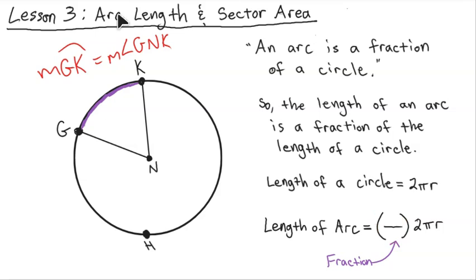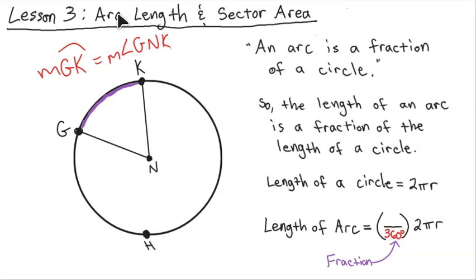Well, we know that an entire circle, a whole circle, is measured in degrees. We know that a whole circle is 360 degrees, so we can put on the bottom here 360 degrees. So the arc itself is a portion of 360 degrees. And we know that the arc is also measured in degrees, that there is a degree measure of this arc right here, and that is the measure of arc GK, which is equal to the measure of the central angle.